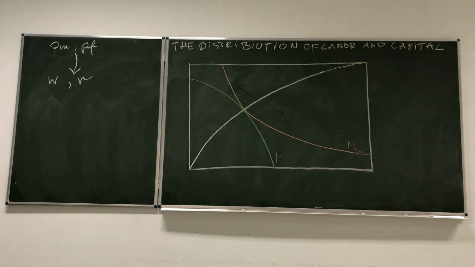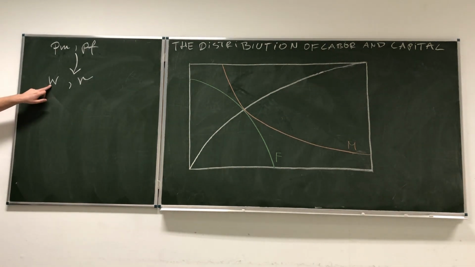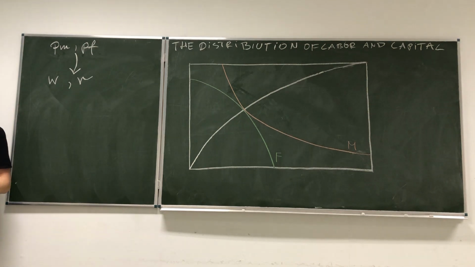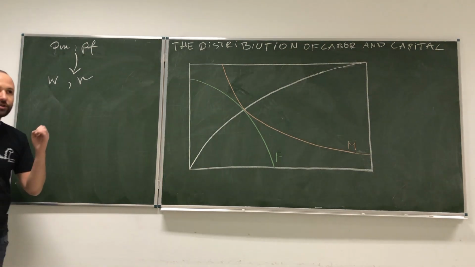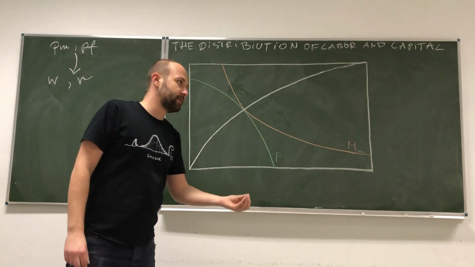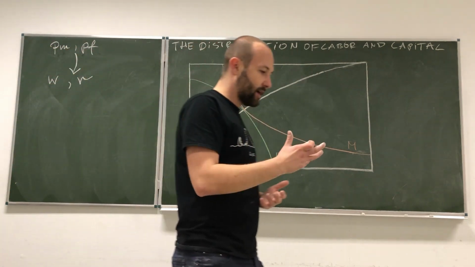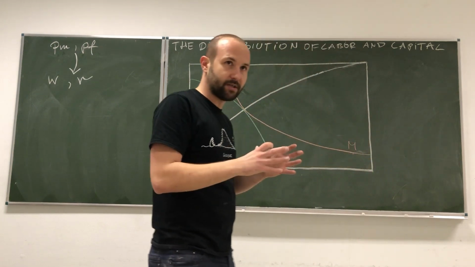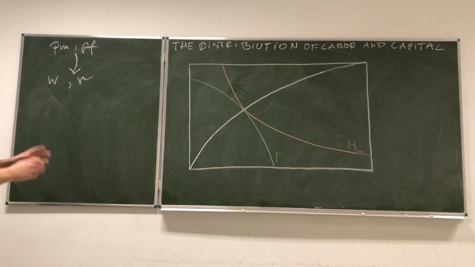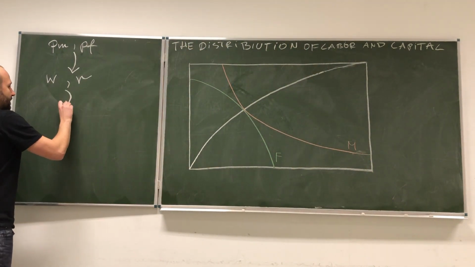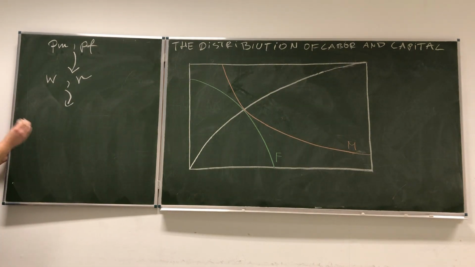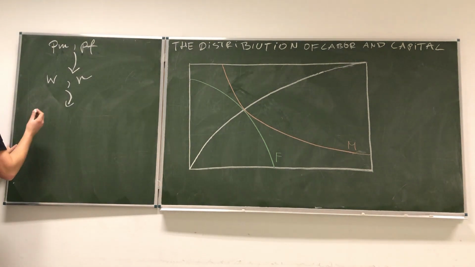Now, knowing W and R, so wage and rent, we also know that each company can find a capital to labor ratio that is optimal for them, so it minimizes the cost.